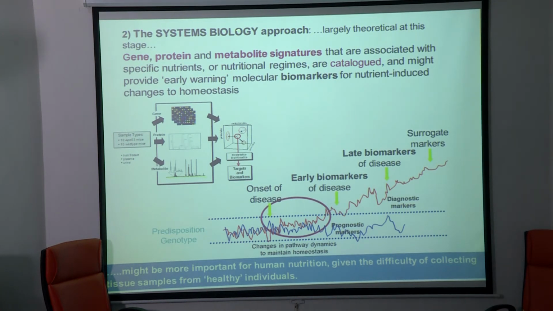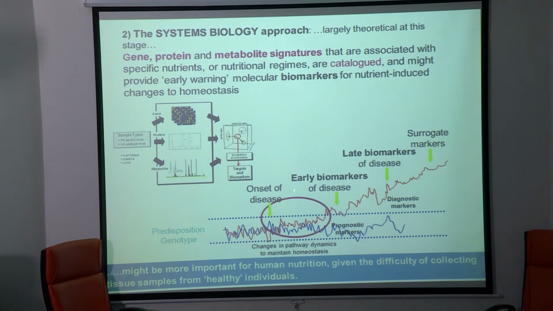But if this approach is taken up on a fast-track basis, it can give you gene, protein and metabolite signatures that are associated with specific nutrients and nutritional regimes, which can be catalogued, and they may serve as very good early warning molecular biomarkers. This is the need of the hour for nutrigenomics.